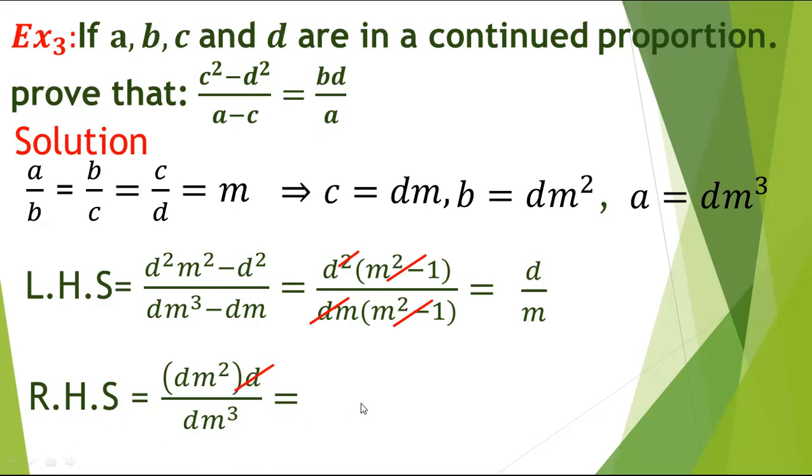Cancel D with D, cancel M power 2 with M power 2. M power 3 equals M power 2 times M, the remainder will be M, the denominator equals D, and here we have M. Then right hand side equals D over M, then left hand side equals right hand side.